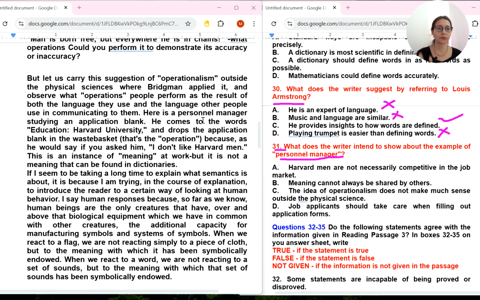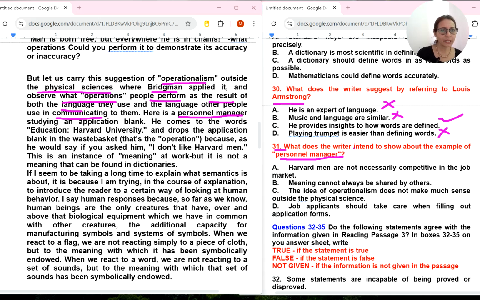Now we will read this paragraph. But let us carry this suggestion of operationalism outside the physical sciences, where Bridgman applied it. Observe what operations people perform as a result of both the language they use and the language other people use in communicating to them. Here is a personal manager studying an application blank.